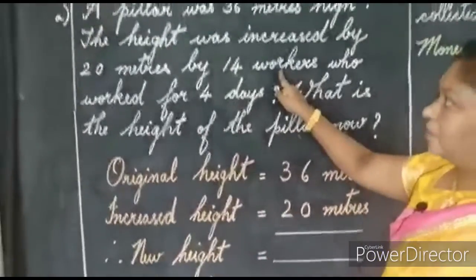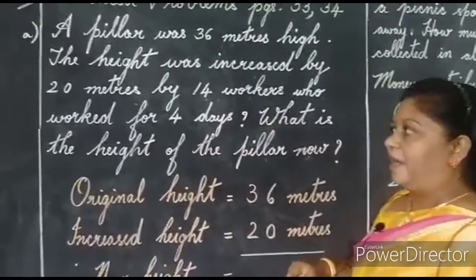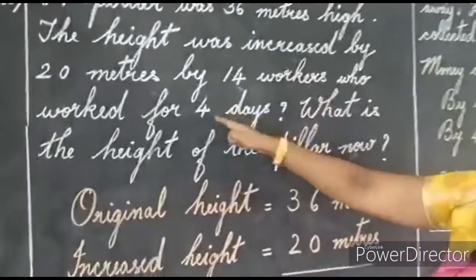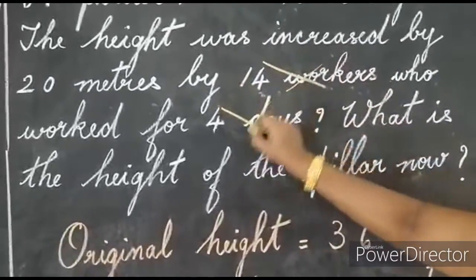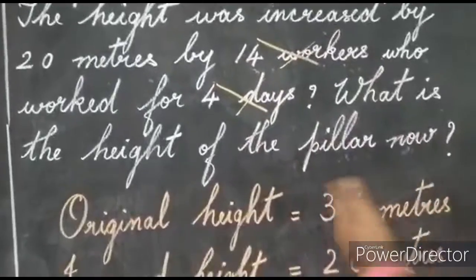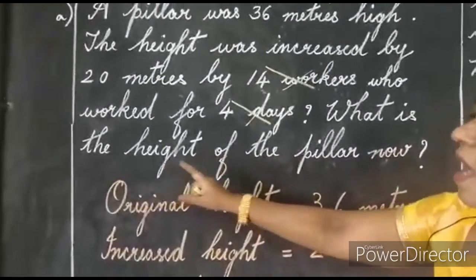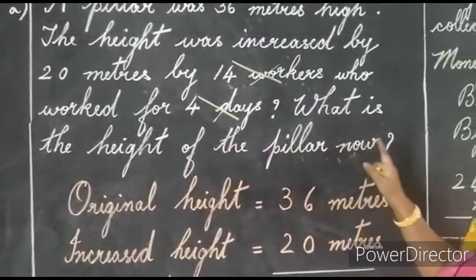They are not asking about the workers or how many days it took to increase the height. So these two numbers, that is 14 workers and 4 days, are termed as dummy numbers. What are they? Dummy numbers. They are given to confuse you. You should always bother about the last question asked, height of the pillar now.